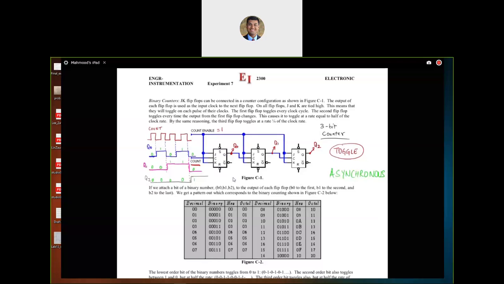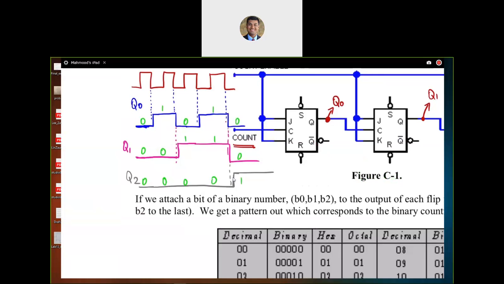And one big problem with this type of counter is because things are going to change slightly after the negative edge in the previous one, the count is not going to increase in a straightforward manner, as in it will not go 0, 1, 2, 3, 4. During that transition period, you may have what we call transition counts.